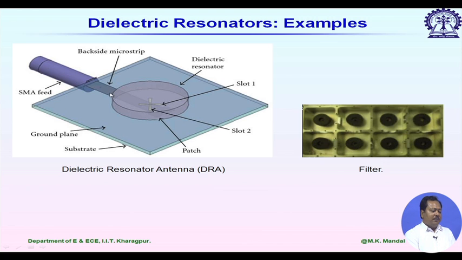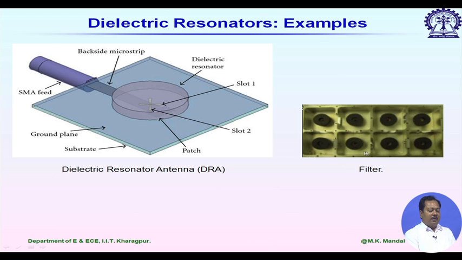The microstrip is placed at the bottommost layer, and the top layer is the ground plane of the substrate, and a slot is etched in the ground plane. You can see it looks like a plus sign, and then the DRA is placed on it. That is how we can excite a DRA by using a microstrip line.